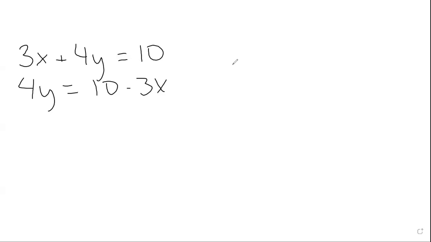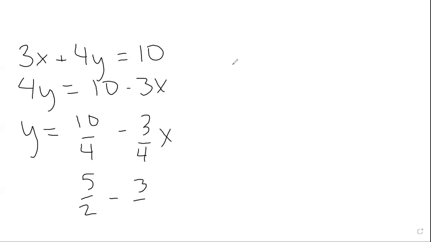And we solve for y by dividing by 4. So y equals 10 over 4 minus 3 over 4 times x. Now we can notice that 10 over 4 is the same as saying 5 over 2 minus 3 over 4x. That would be unnecessary if you're typing it into the calculator because it's smart enough to do that for us.